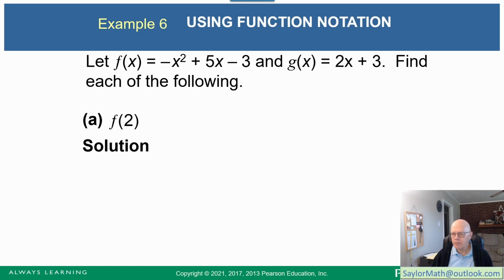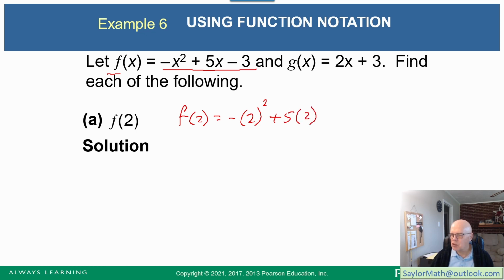Next, here we've got two functions, and we want to find out what f of 2 is. Well, here's our f function, so we're going to take f of 2, and we're going to rewrite this, but every place we see an x, we'll put a 2. So minus, there's our 2, and this represents minus x squared plus 5 times x.